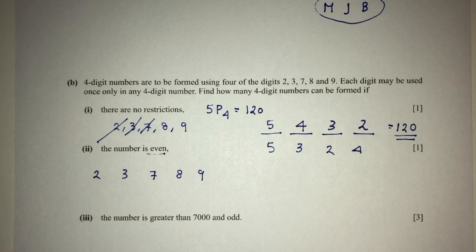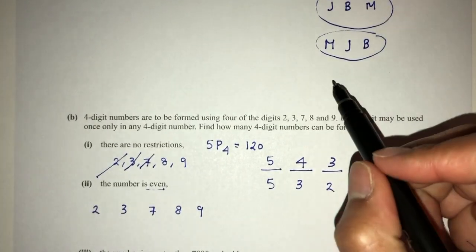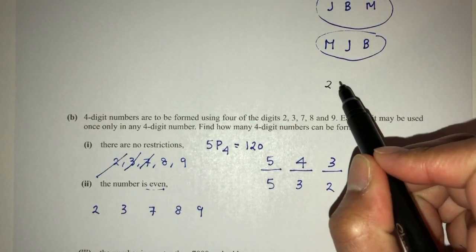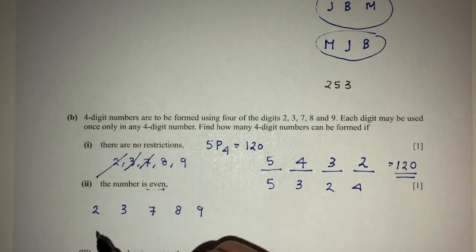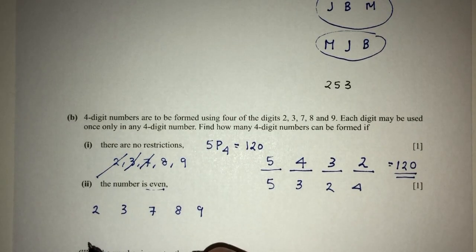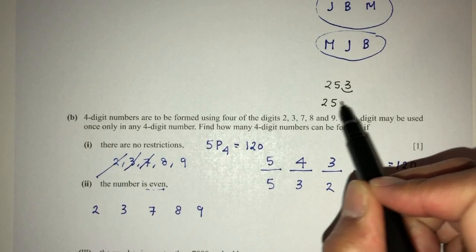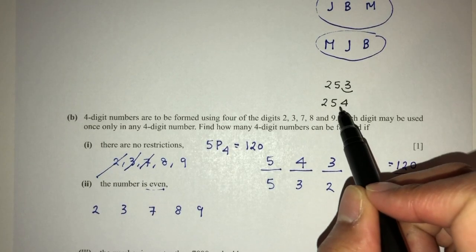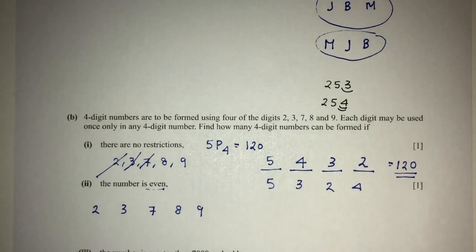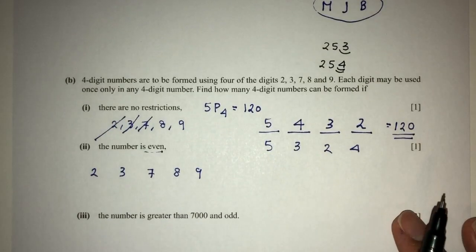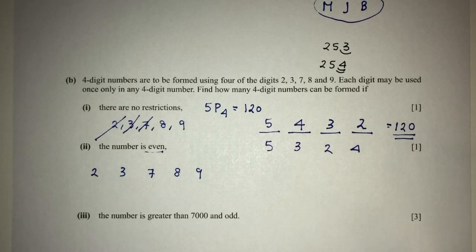For example, if I write 253, this one is not even because it ends with an odd number. If I write 254, this one is even because it ends with 4. So the number has to end with an even number for it to be even.